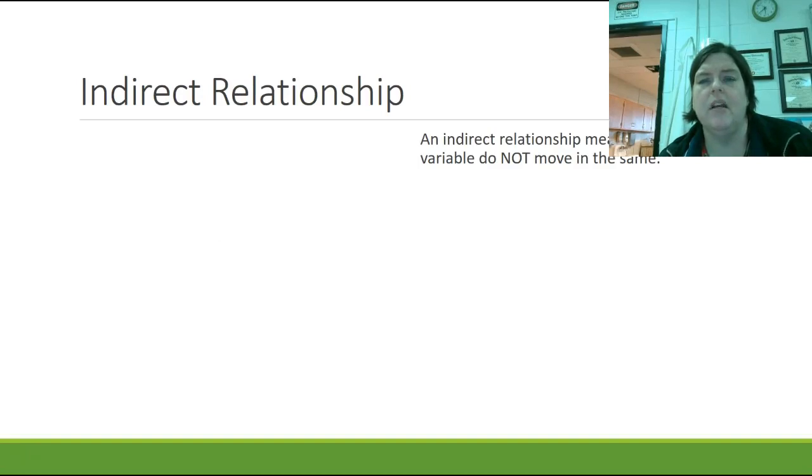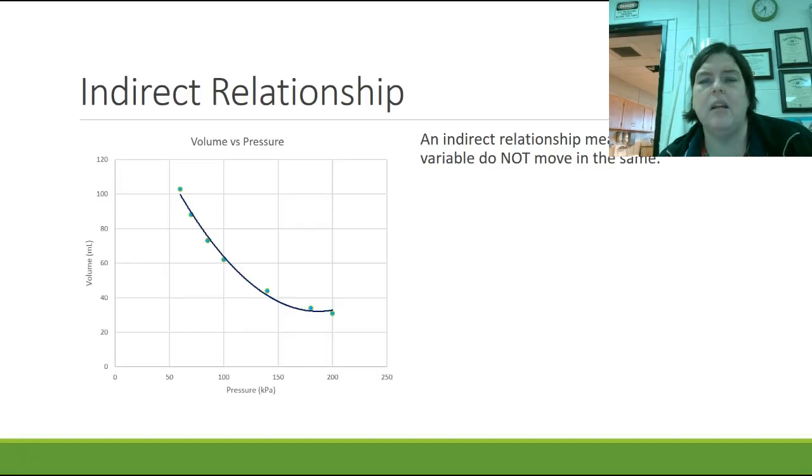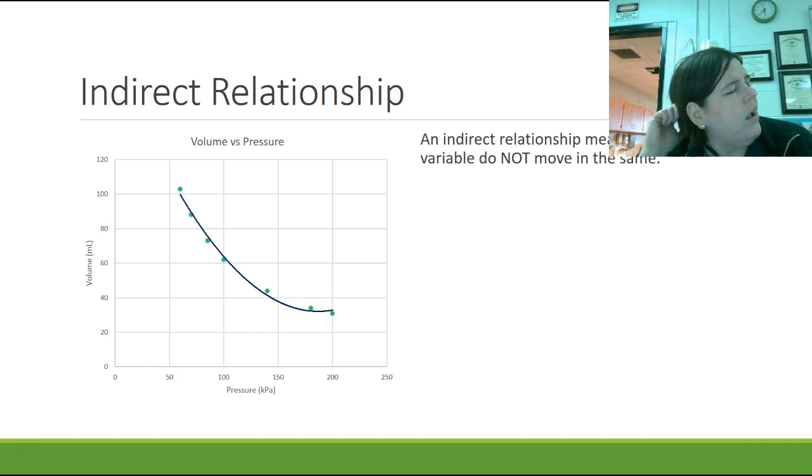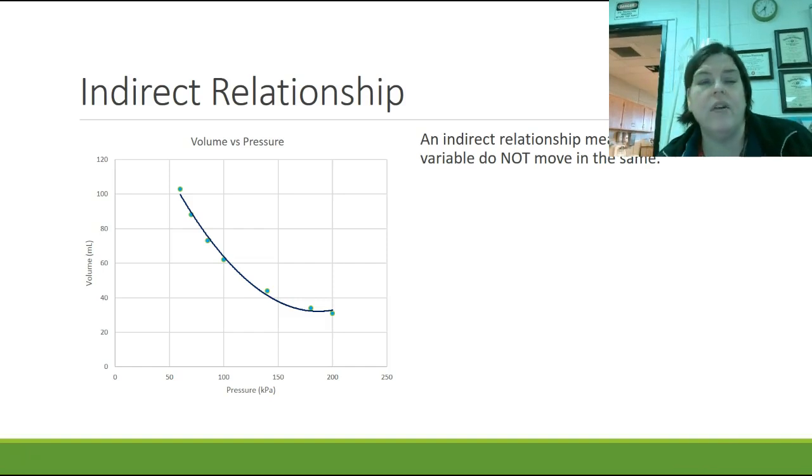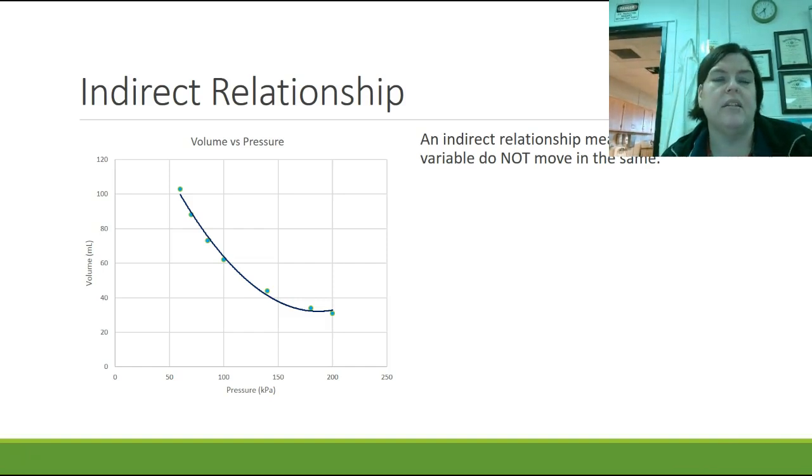Indirect relationships. Indirect relationships do not mean that the variables move together in the same way. As one goes up, the other one does the opposite and goes down. So the data that we see over here to the side is a perfect example of this. We can see that as volume is decreasing, because volume is clearly decreasing, it's going from 100 and something to around 30. But what's happening to pressure as volume decreases?